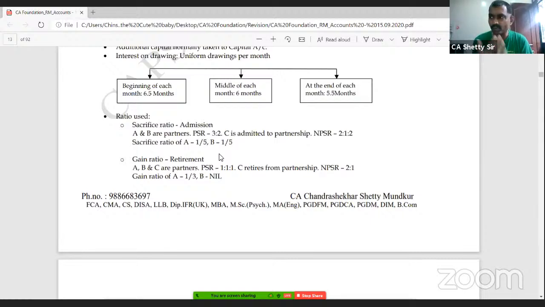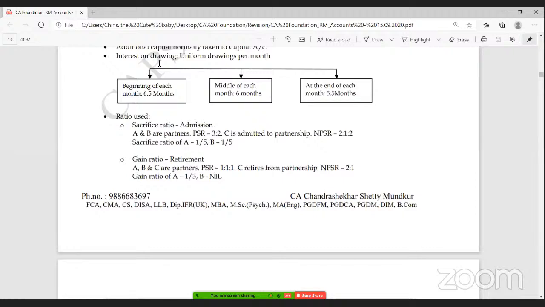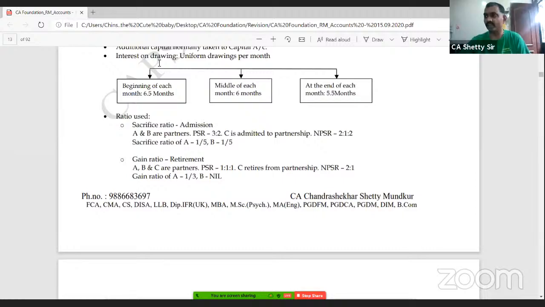Incoming and the new partner, outgoing and either outgoing like this or outgoing like this. Incoming goodwill is always accounted by considering incoming bar outgoing partner share, and adjusted in sacrifice bar gain ratio.